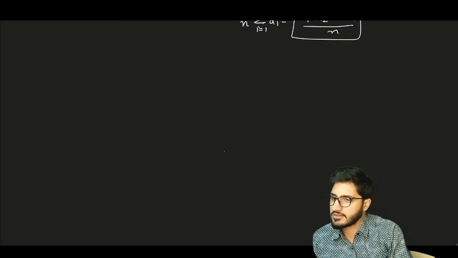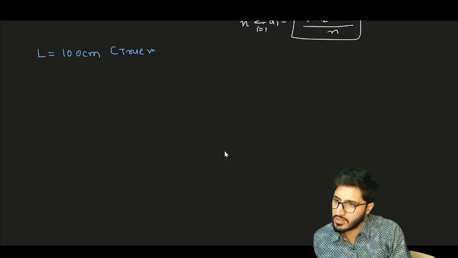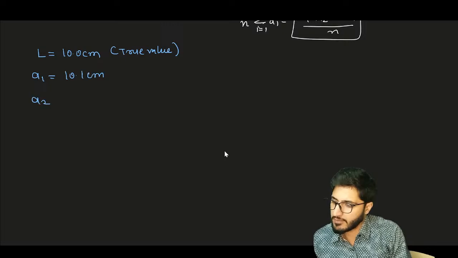Let us take an example of it. The length of something is given as 10.0 centimeter. That means this is the true value. My first calculation came out to be 10.1 centimeter. My second came out to be 9.8 centimeter.